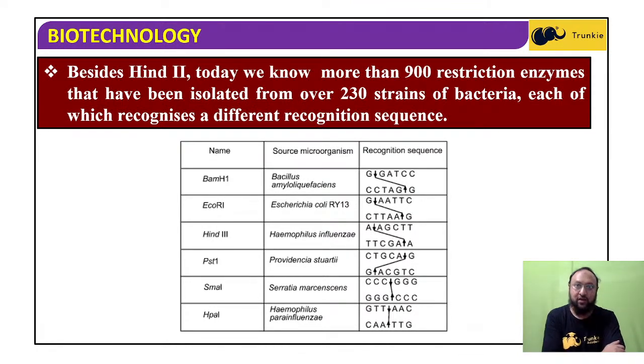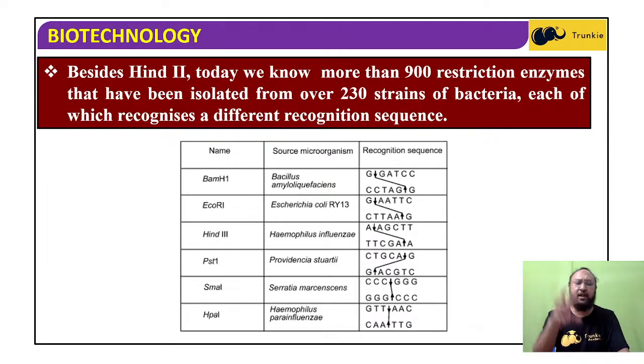After the discovery of Hind2, there are so many. To date, we have 900 restriction enzymes discovered, isolated from over 230 strains of bacteria, and each has a different specific recognition site where it cuts the DNA into fragments.